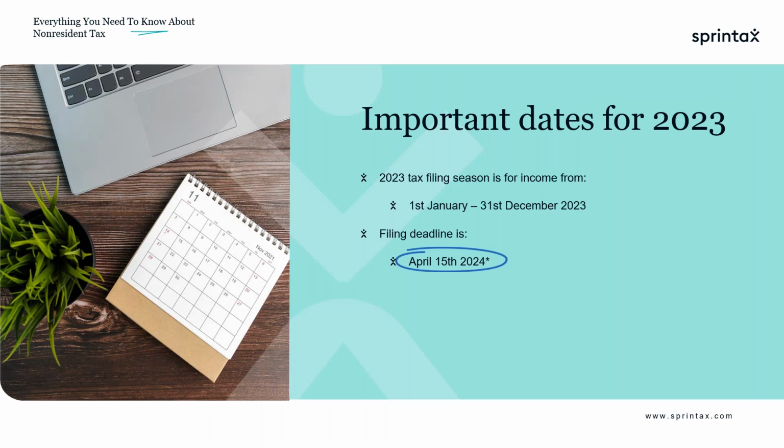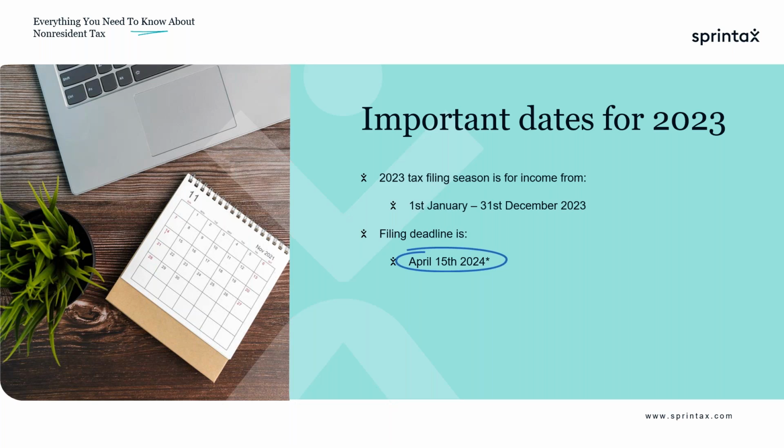And then lastly, using Sprintax to assist with your tax compliance. When we're looking at the US tax filing season, generally a good place to start is around the important dates. When we're looking at the 2023 tax filing season, we're looking back on the 2023 tax year, so the period of January 1st to December 31st, 2023. We're looking back on any presence that you had in the US, any income that you received, and any taxes that were withheld on that income.